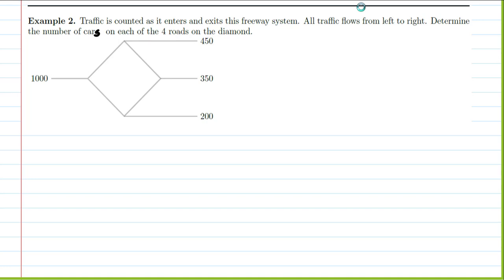So the key idea when we have a problem like this, it's what we refer to as a closed system, in the sense of we know the rate in over here is 1,000, and we know the rate out at the other side. And we'll notice, what's 450 plus 350 plus 200?